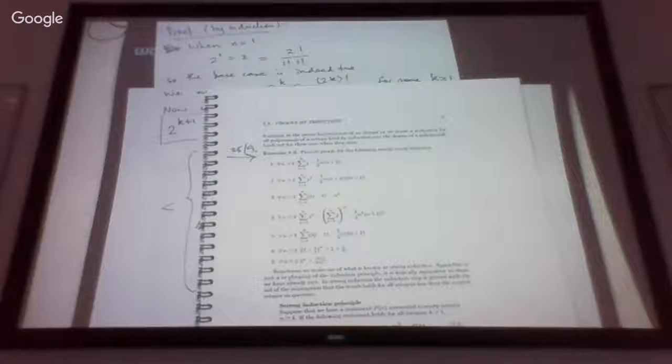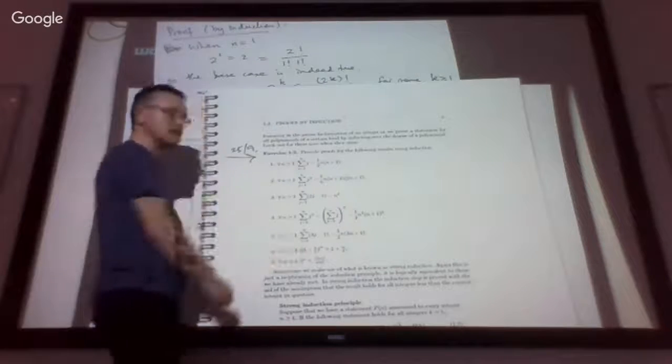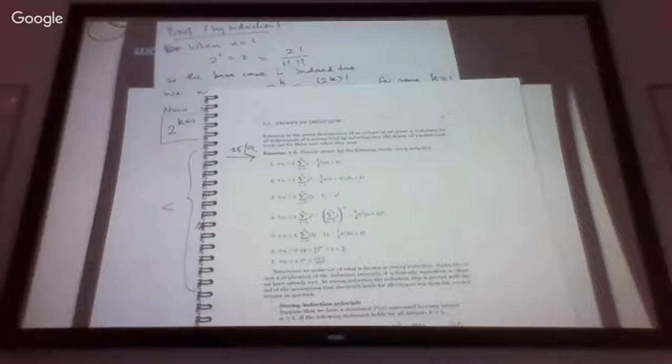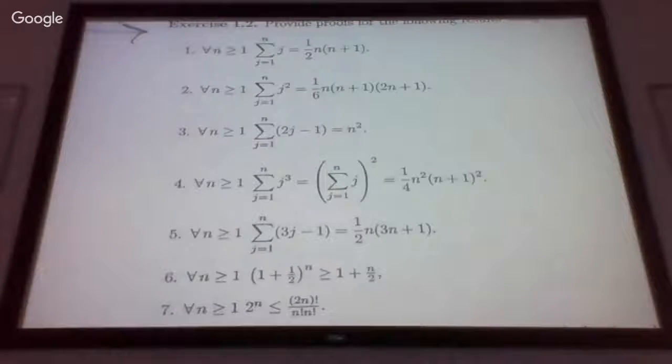Try and do one of the other ones, maybe one of the other summation formulas, or there's another inequality here. Work together with your neighbors. If you've got any questions or any extra queries, I can help you out. So we can run a bit of a tutorial now. If you've got any questions or any queries, please do ask.